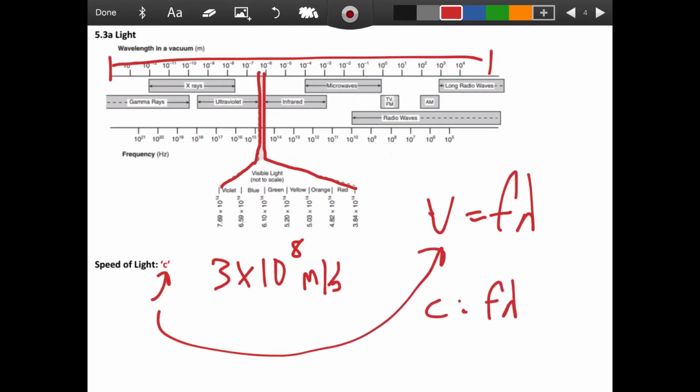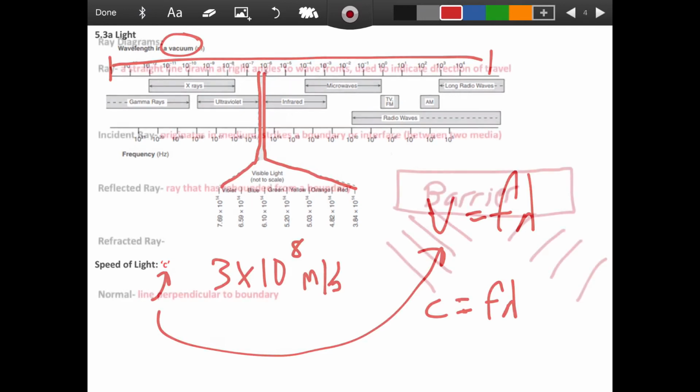So this formula is going to be applicable to any light as long as it's in a vacuum. Because what we will learn is that the speed of light will change if it's traveling through different objects, like water. If a light wave is traveling through water, it'll travel at a different speed than in outer space or a vacuum.